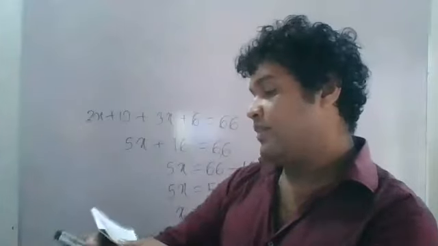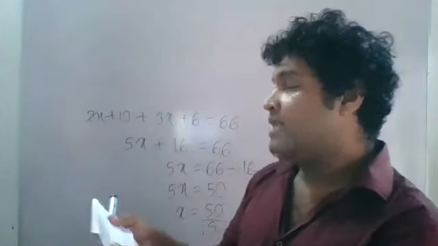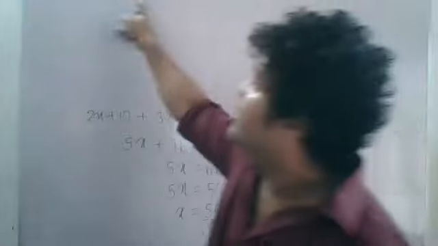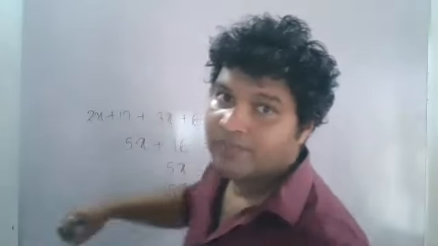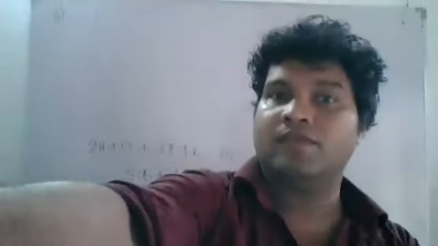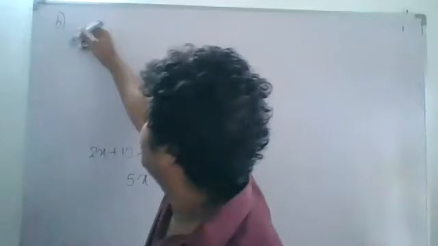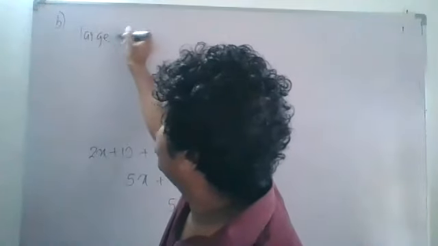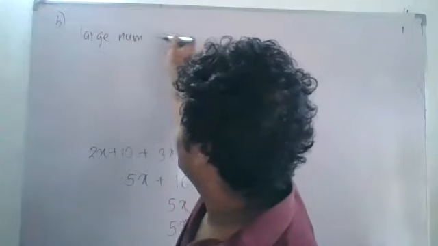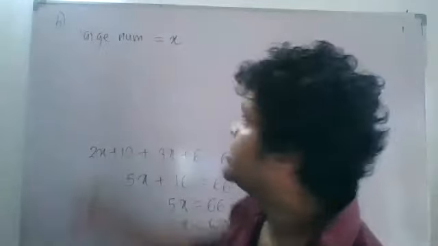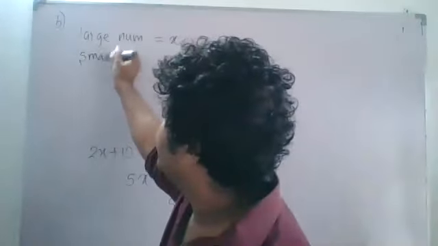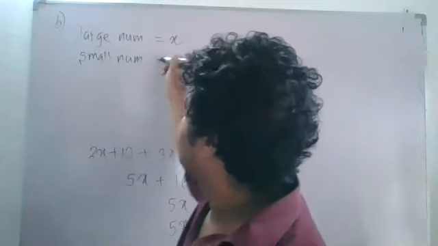That is, taking the large number as x, you start like this: large number x, and small number, right?